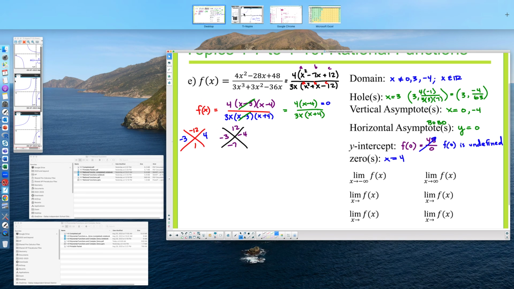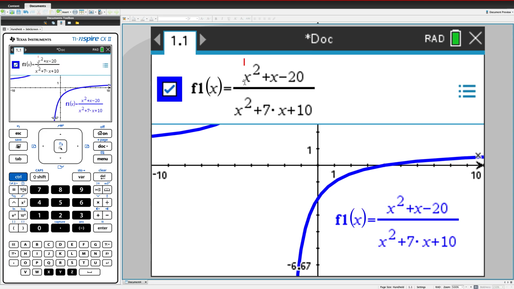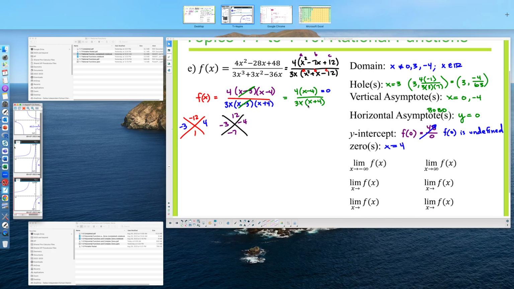We have 4x squared minus 28x, minus, or I think it's actually a plus 48. I think it's a plus 48. I'm going to check that. Yes.